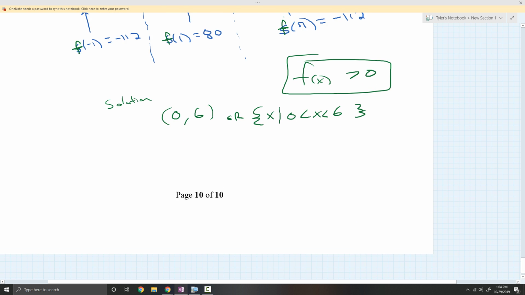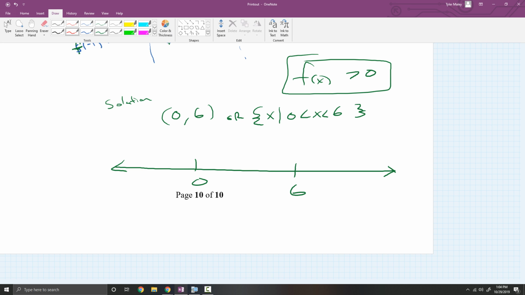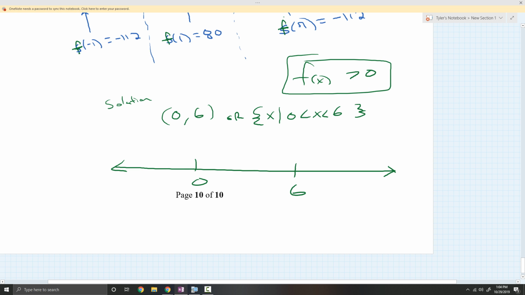And then lastly, if we had to graph this, let me grab a different color. If we had to graph this, we would have a parenthesis at 0 and 6 and shade in between.